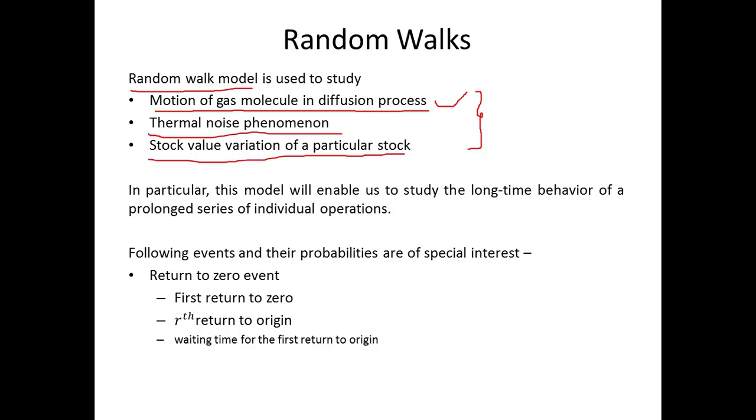So we can say that in a random walk we try to study the long time behavior of a prolonged series of individual operations, because at each trial we study whether the trial results in success or failure, then we study this phenomenon for a long time, and that long time results in a series of individual operations.